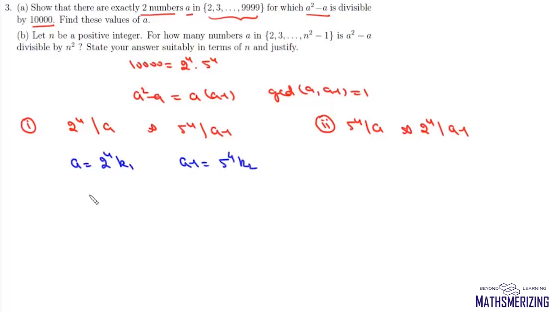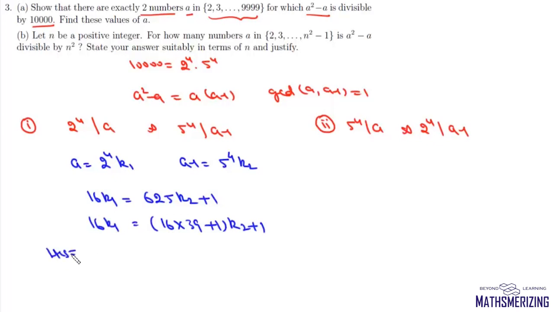So if we compare it, we can write 16 k1 will be equal to 625 k2 plus 1. Now we can write 625 as 16 into 39 plus 1, so k2 plus 1, and this is 16 k1.